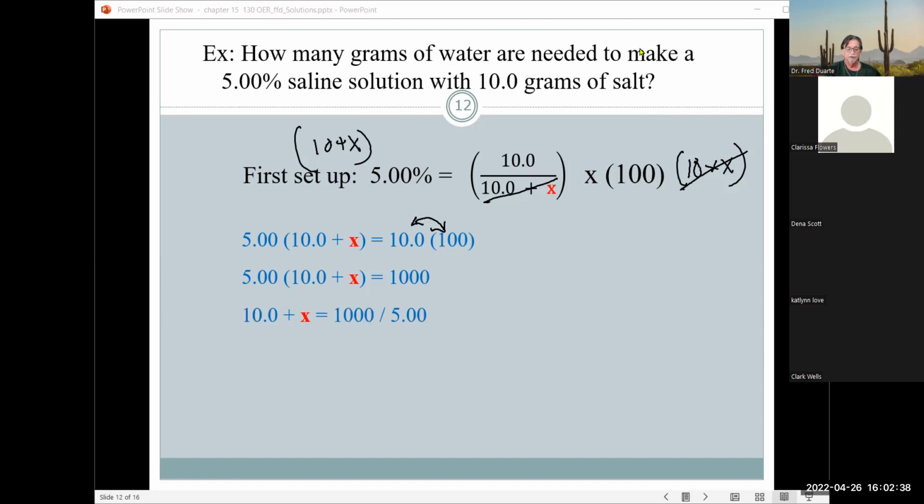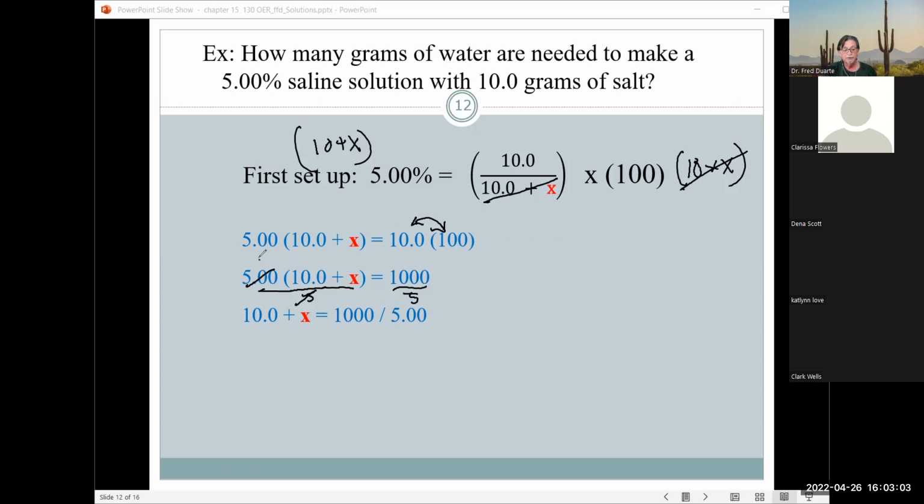Well, what did they do here? They took the left side and divided by 5. And as you know, what you do to the left side, you've got to do to the right, and vice versa. And so the 5s cancel here, leaving us with 1,000 divided by 5, leaving us with 10 plus x equal to 1,000 divided by 5. That is one way to do it.